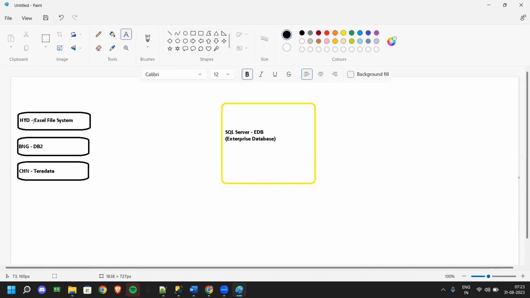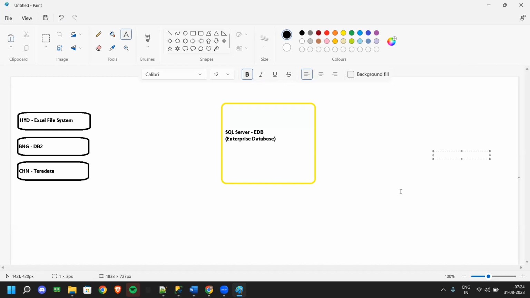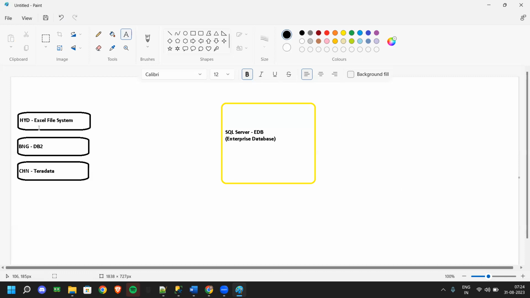For example, Sagar is from Hyderabad, and his location ID is H. Surendra is from Bangalore, and his location ID is B. And Venkat is from Chennai, and his location ID is going to be C. Something like that. So what we are trying to do now is maintain all three systems' data in one system.